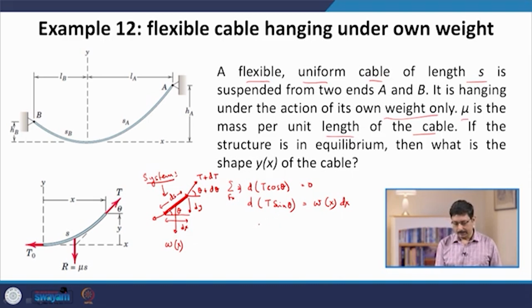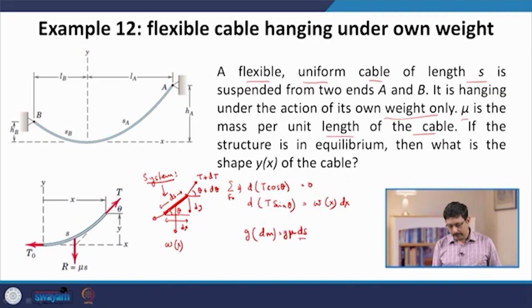Now, in this case, what is the weight of this slice of the rope? The mass per unit length is mu, and the length of the rope, our system, is ds. So, this is the mass. If you multiply by the gravitational acceleration, that gives us the W, the weight of this mass.